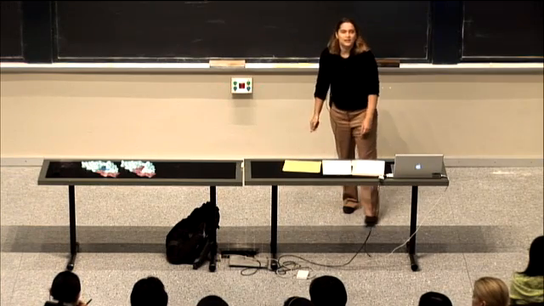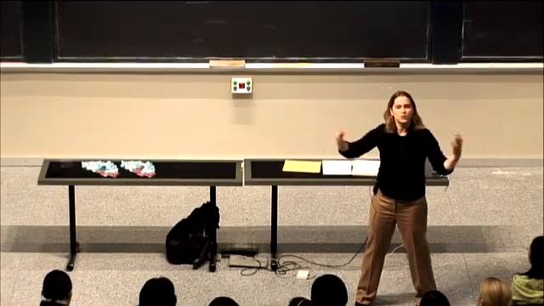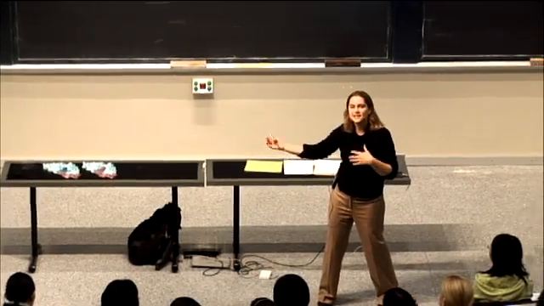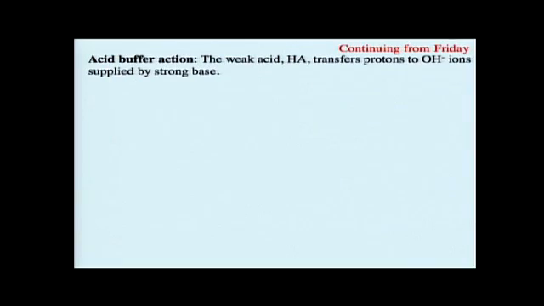So if we talk about an acid buffer, that's something that's buffering on the acidic side of the pH range. And in that, you want to have play on both sides. So if you add a strong acid, it can be neutralized so the pH stays the same. If you add a strong base, that'll be neutralized so the pH stays the same. So what happens? You have to have an acid and its conjugate base in the mixture to have a good buffer.